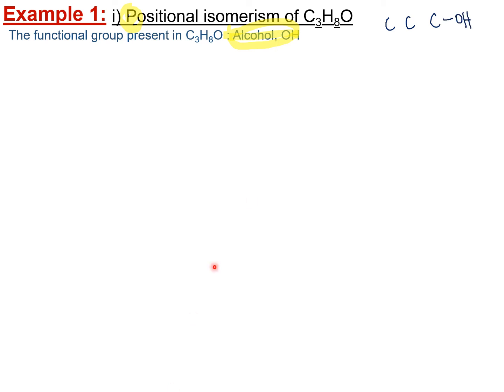For example, in this case, anda letak OH ni kat kedudukan carbon yang pertama. Okay, and then I lengkapkan sahaja the rest of the carbon dengan hydrogen atoms. So, for this carbon atom, since dia ada satu saja covalent bond, so another 3 is with hydrogen. So, this carbon ada 2 covalent bond, so another 2 with hydrogen atom.